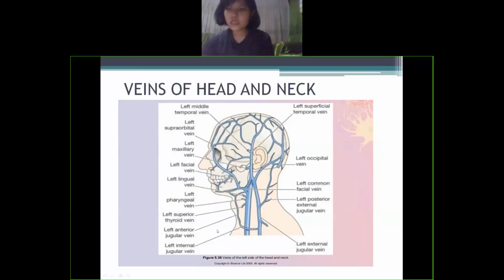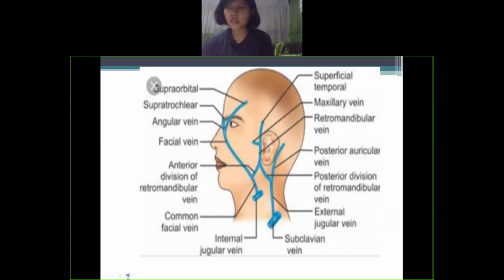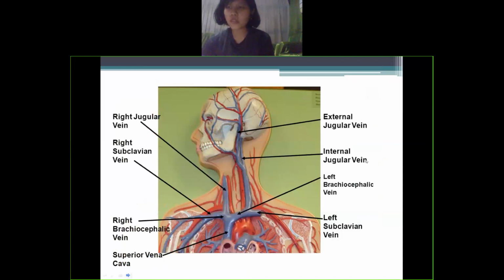Okay, so the internal jugular vein is divided into two parts, right? So what are those? Virginia, can you tell me? Virginia, can you hear me?